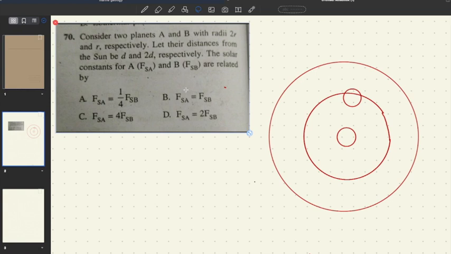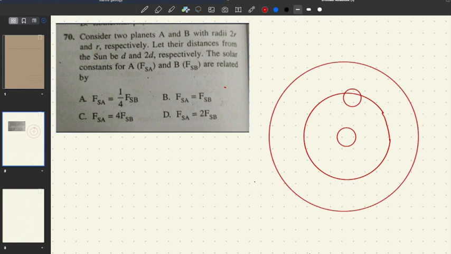Because the formula for solar constant is what? Luminosity by area of a sphere. Now this sphere is basically an orbit, right? The orbit is a part of a sphere. It's not the planetary sphere. So the sphere we draw is from this orbit, not the planet's sphere. Okay, so let's make two planets A and B over here.